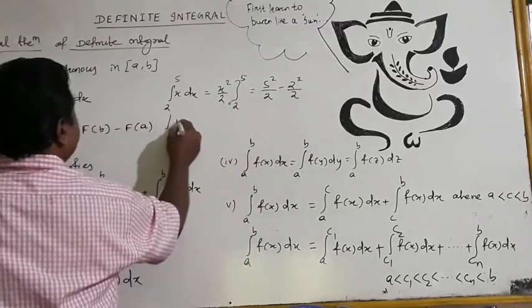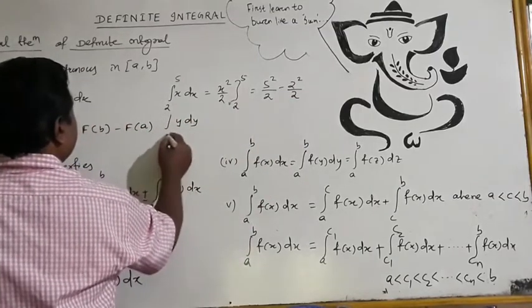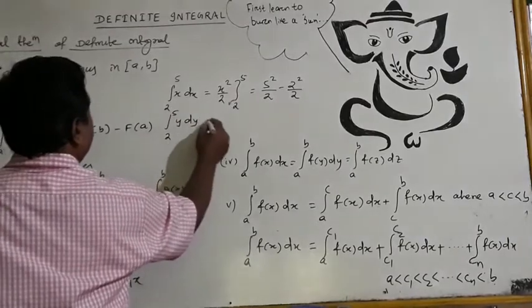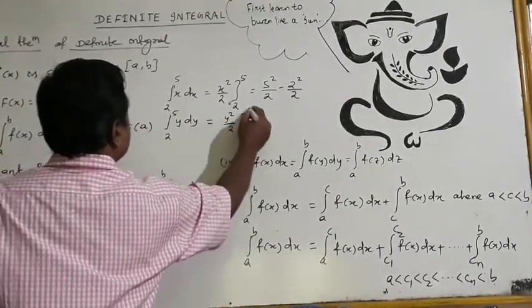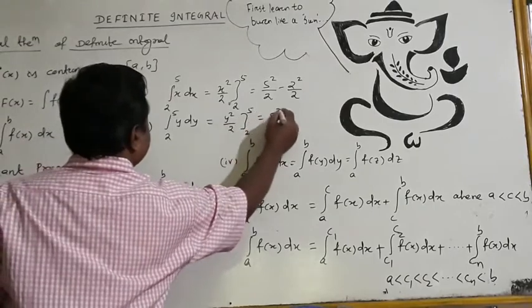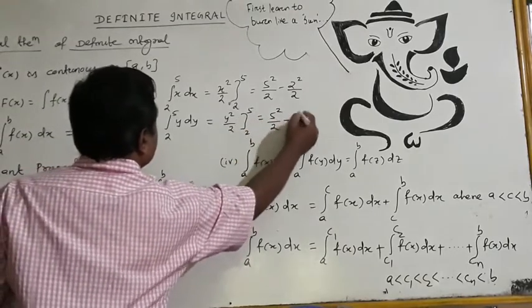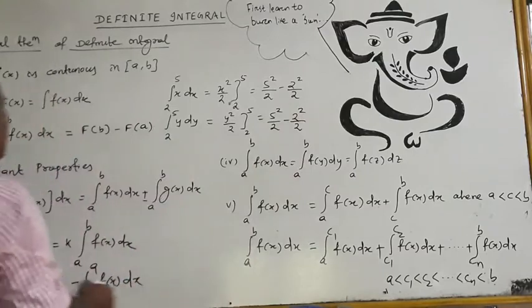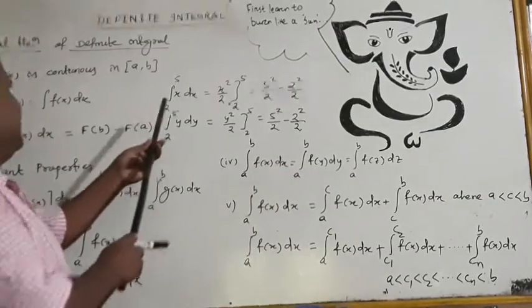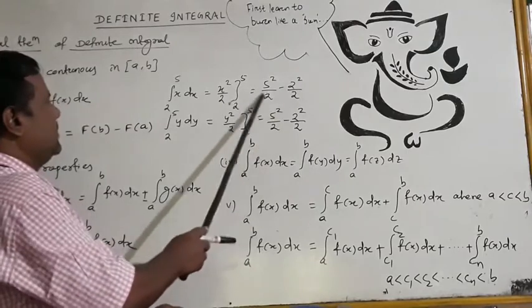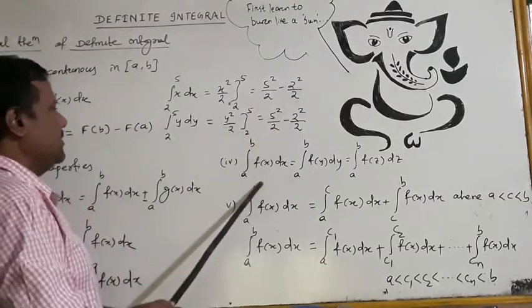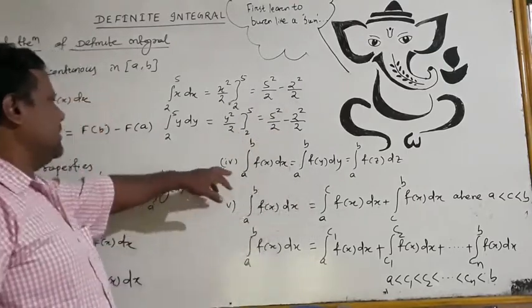Then if you do y dy from 2 to 5, you get y square by 2, from 2 to 5, which is 5 square by 2 minus 2 square by 2. So instead of x, if you take y, the result is always the same. So this is the property.